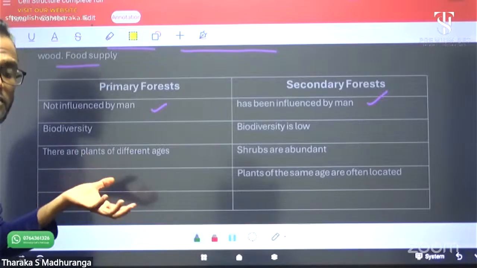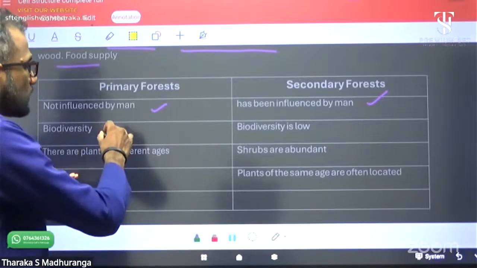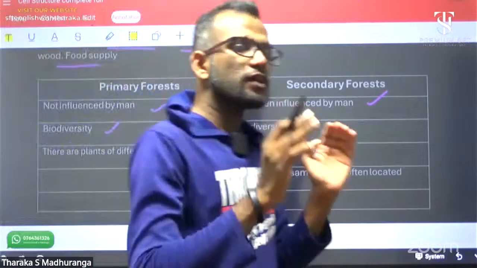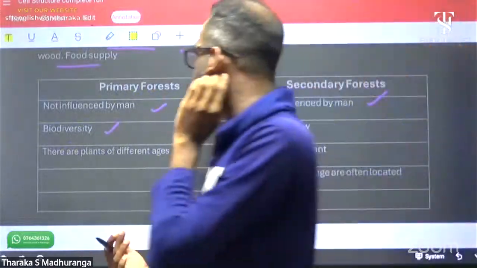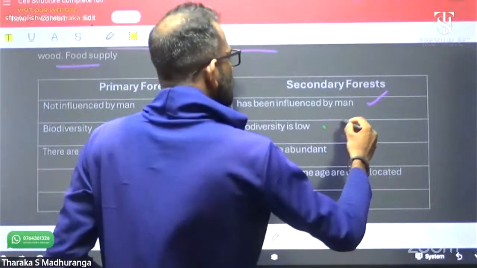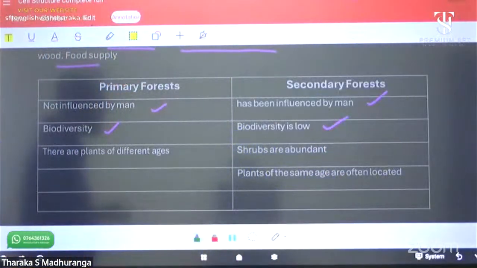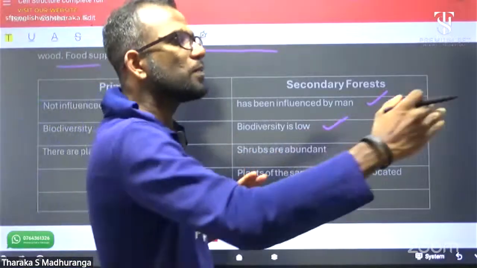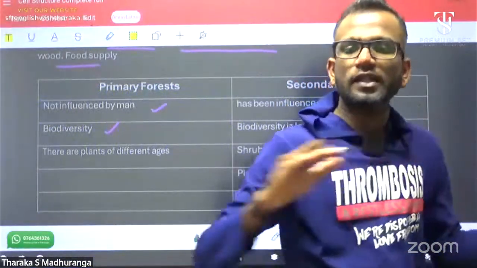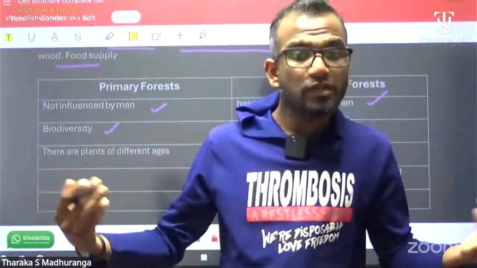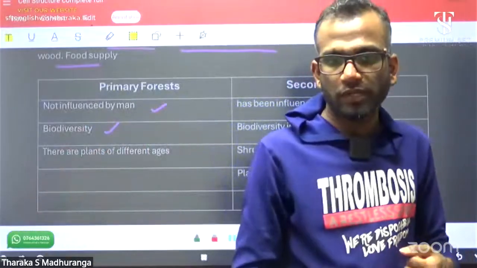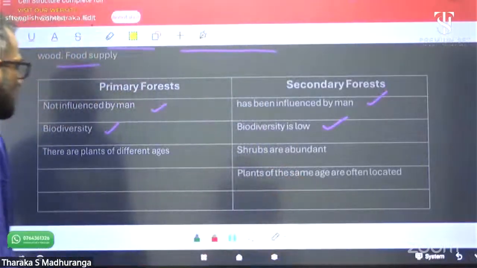In primary forest, the biodiversity is great: different types of plant varieties, different types of valuable animals, high biodiversity. But biodiversity is low in secondary forest. Secondary forest means same variety plantation, mainly to get wood, right?